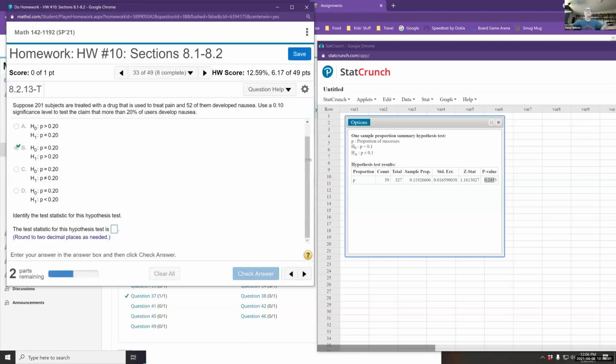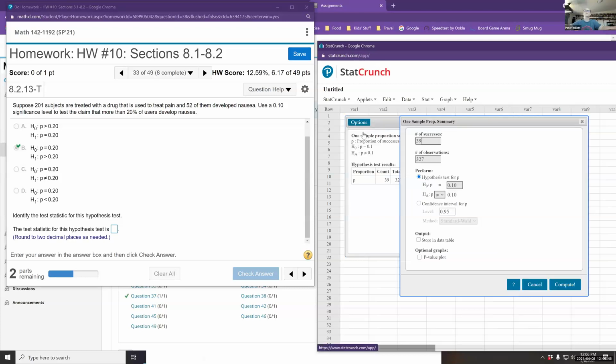Then we put this into StatCrunch. I've already got the right tool, so I'm just going to edit the results from before. So now we have 52 out of 201. And our proportion that we're testing is 20%. And our alternative hypothesis is that p is greater than 20%, which is now what we're claiming.